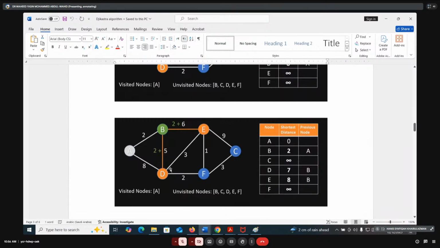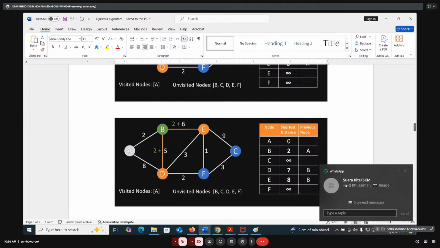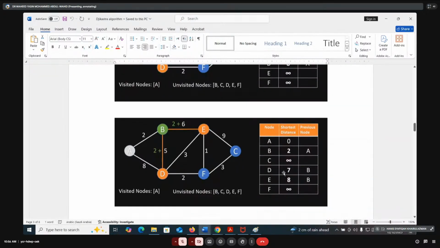So 7 to E is 7 plus 3, 10. Is 10 less than 8? No. So I will leave it.